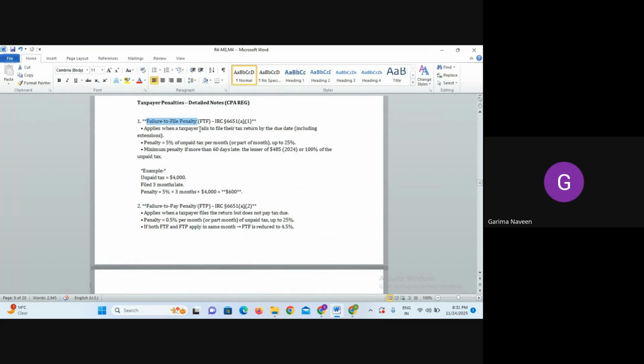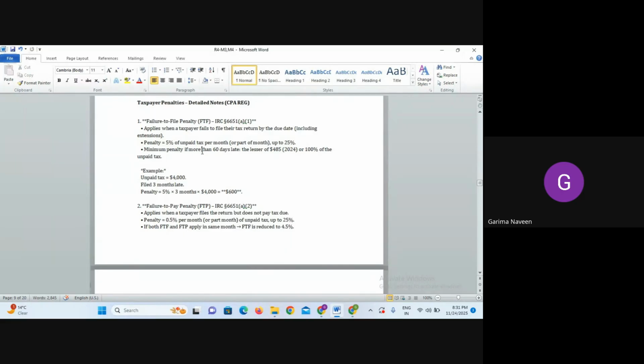Failure to file penalty means you have to file your tax return by some due dates. For individuals, you have to file by April 15th. But if you fail to file the tax return, then you have to pay a certain penalty. This penalty is up to 5% of the unpaid taxes per month, or it goes up to 25%.